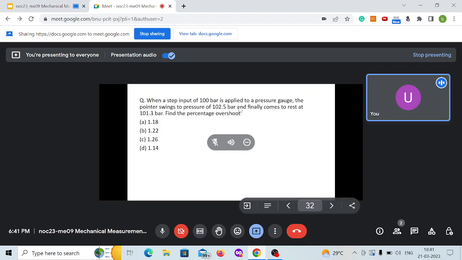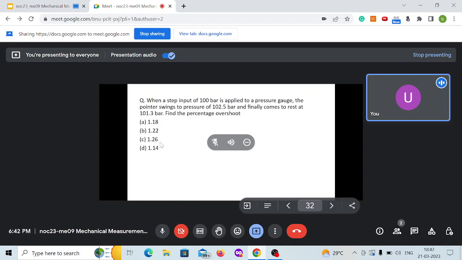You open a valve suddenly and you get a pressure of 100 bar, and in response your pressure gauge pointer goes to 102.5 and gradually comes to 101.3 and rests at 101.3. So you have to find the overshoot percentage. The options are A 1.18, B 1.22, C 1.26, D 1.14.